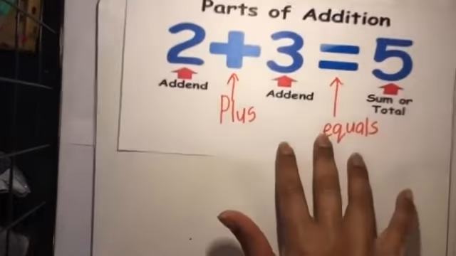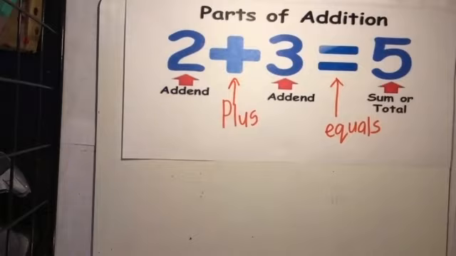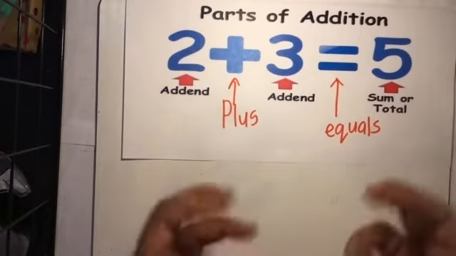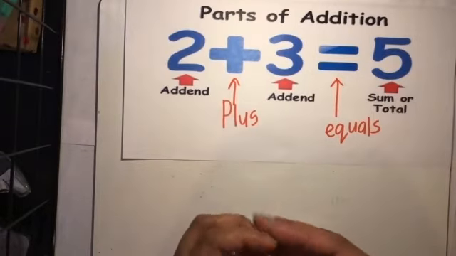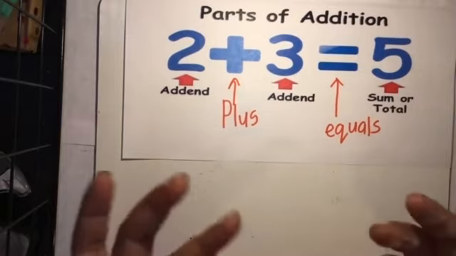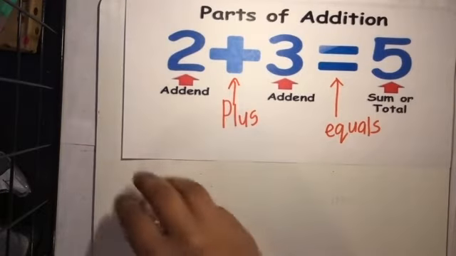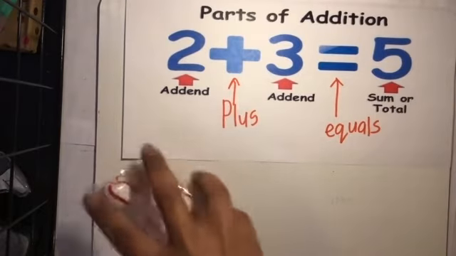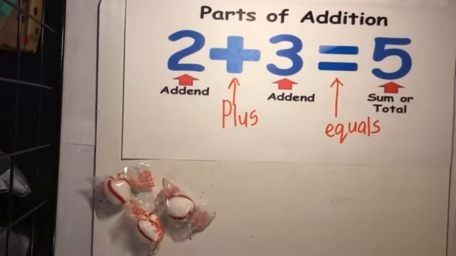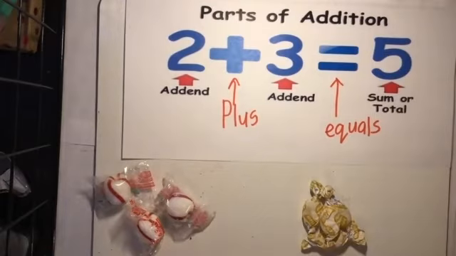There are multiple things you can do at home that you can add. You can use pencils, you can use beans, you can use macaroni, uncooked macaroni. I have over here a group of candy, one group, and I have another group of candy, some cough drops.